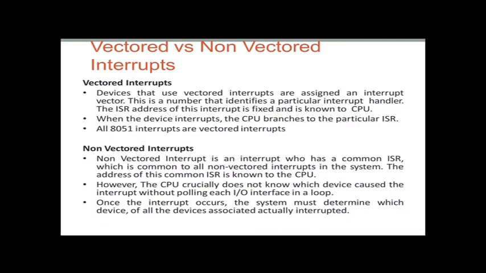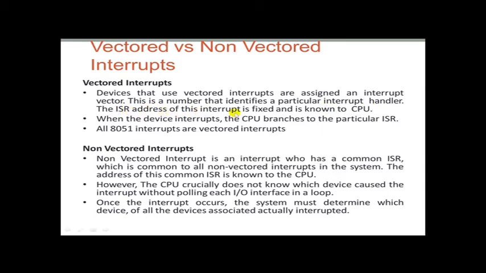Vectored or non-vectored interrupts: these are the two types of interrupts. Let us first discuss vectored interrupts. The devices that use vectored interrupts are assigned an interrupt vector. This is a number that identifies a particular interrupt handler, that is the interrupt service routine.